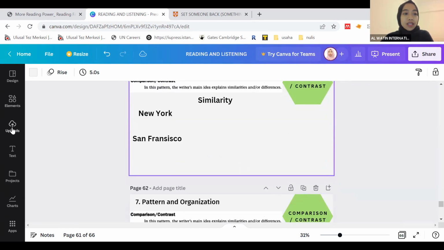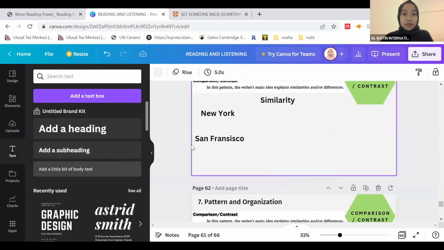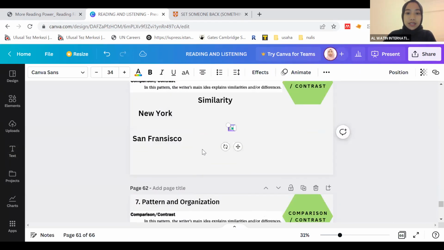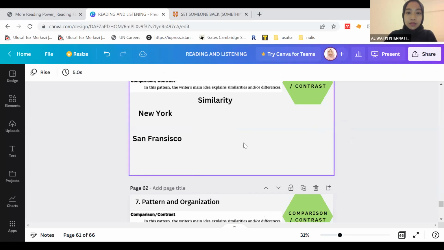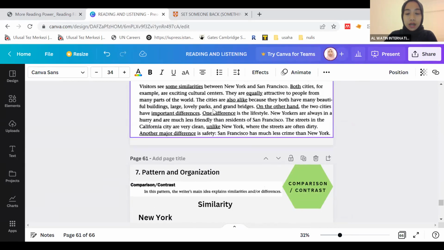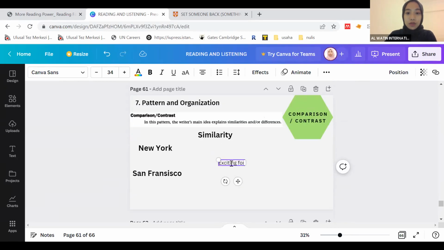Okay, so the first similarity is exciting cultural centers.